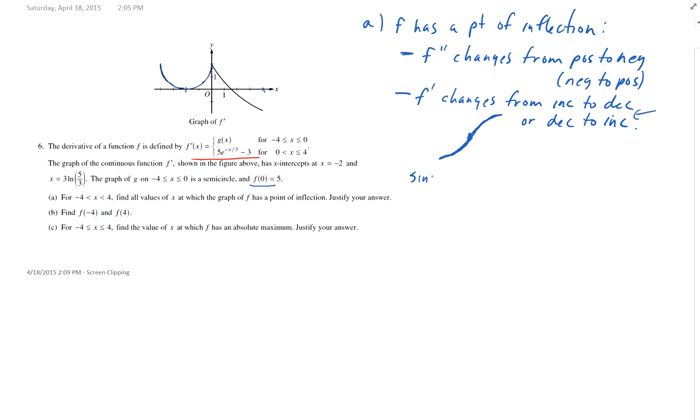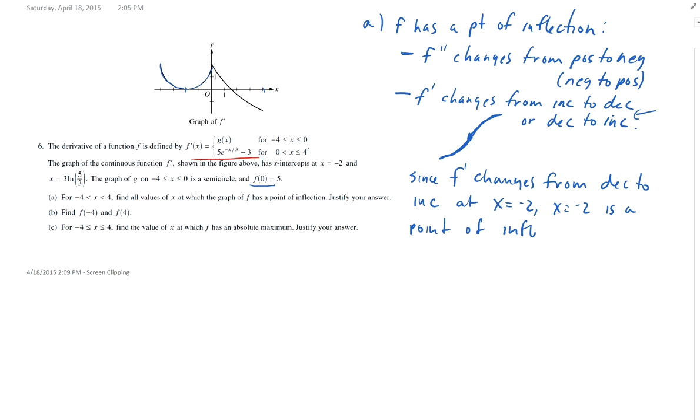So let me rewrite it this way. Since f prime changes from decreasing to increasing at x equals -2, x equals -2 is a point of inflection.